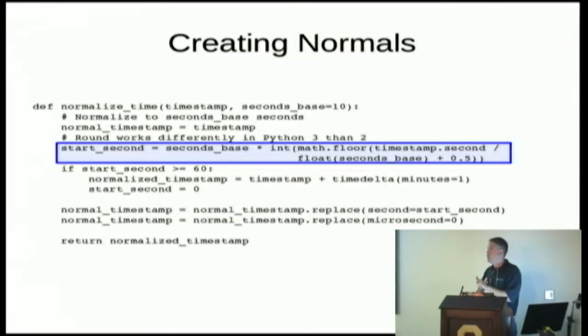In Python 3, it actually rounds to even, so 2.5 rounds to 2, and 3.5 rounds to 4. It does that because it's a better rounding algorithm, but it was something you just don't think about. So I implemented my own rounding to make sure it works in both 2 and 3.